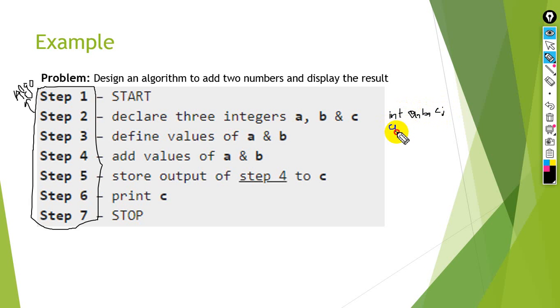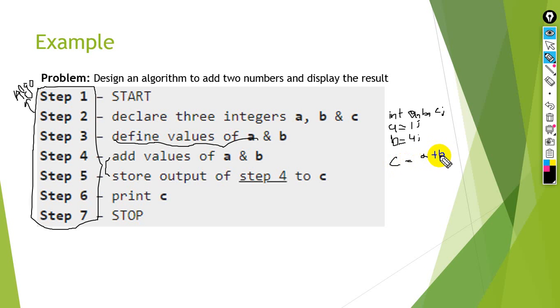After that, we should define the values for all these three variables. For example, a is equal to 1, b is equal to 4, for example. So this was the step to assign values to the variables. This was the second step to declare three variables, and the fourth and fifth steps are to find the addition and assign it to variable c, c equals a plus b.